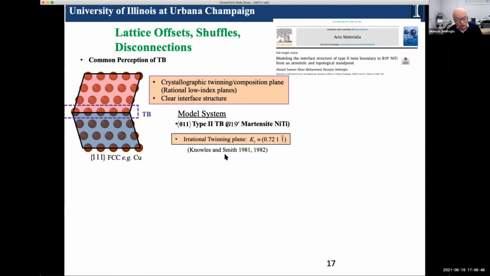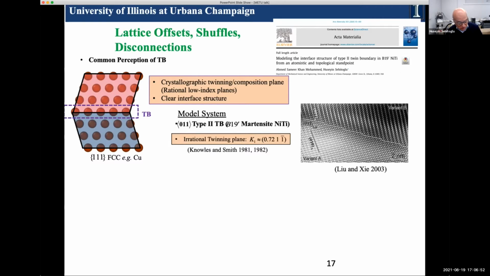But what happens in crystals with lower symmetry is that we get irrational twinning planes. So this plane here, which is the twinning plane, in a twinned martensite or twinned B19 prime, is not a flat plane.